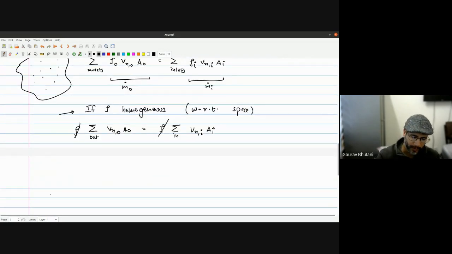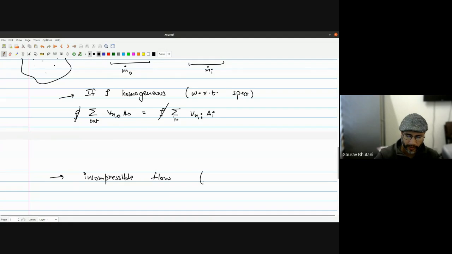Now, there are many situations where we deal with an incompressible flow. Incompressible means density is constant, right? So, if you are dealing with a liquid, let's say water, then for a very large pressure, water will behave as almost incompressible fluid.